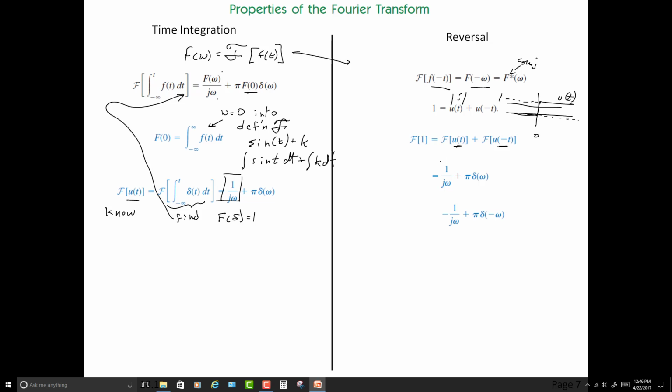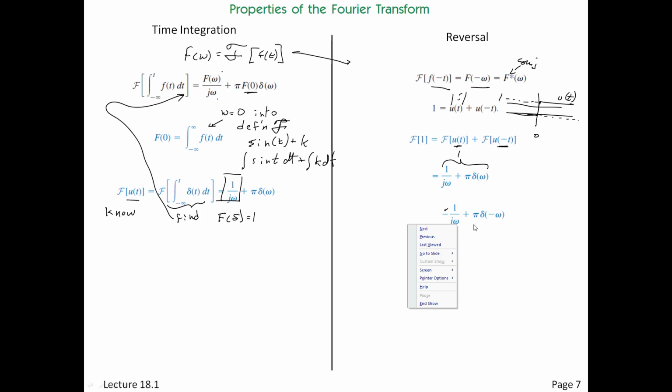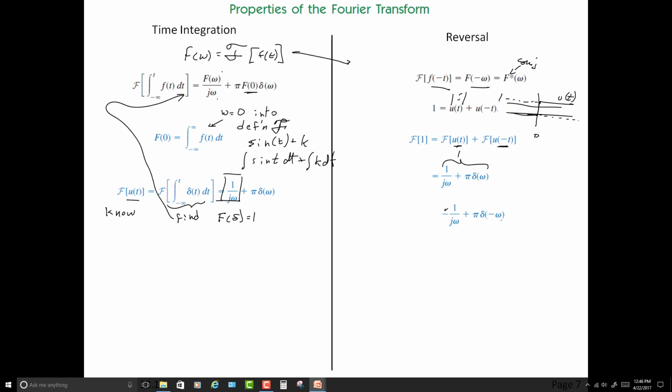So if we add the two, we've got our 1 over j omega. So this is the positive. This is this directly. And this is now plugging in minus omega. So this minus comes from having put in minus omega. We just put those two together.